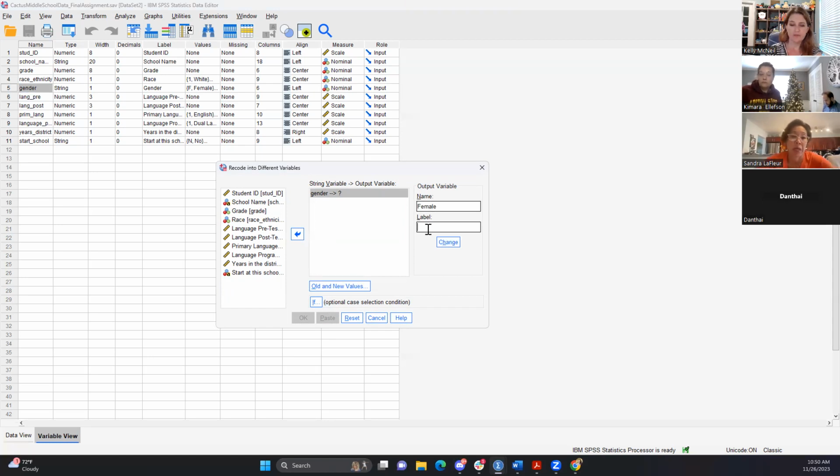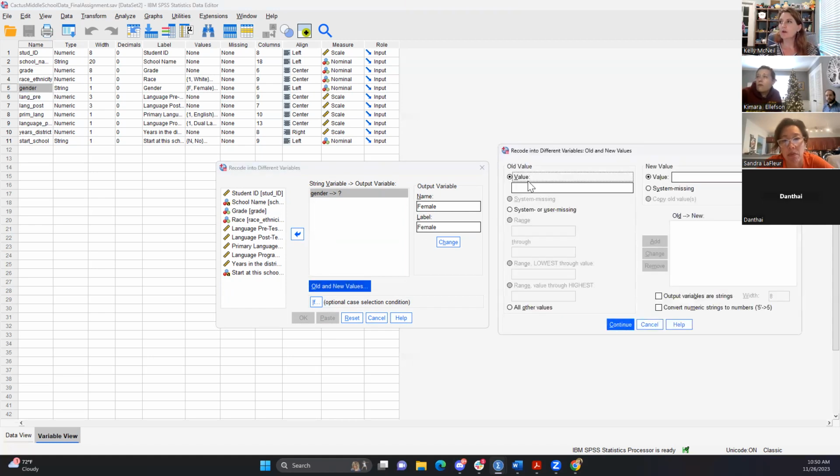Label to be female, because that's how we did it. Female 1 and 0. The old value that equals F is going to now equal 1. And then the old value for M is going to equal 0. Right?